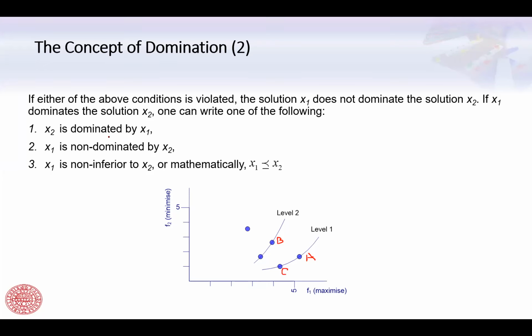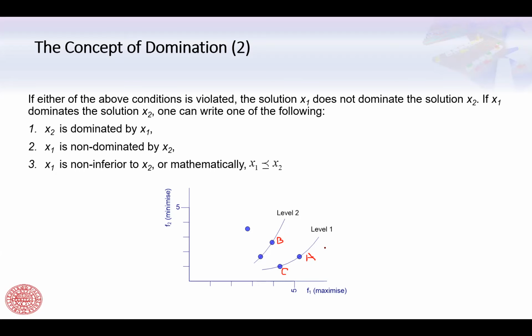We can say that x2 is dominated by x1 if x2 is dominated. But in this case, when we compare A and C, we are not choosing the second term. So x1 is non-dominated by x2. So we call it non-domination. It's talking about them being on the same level.